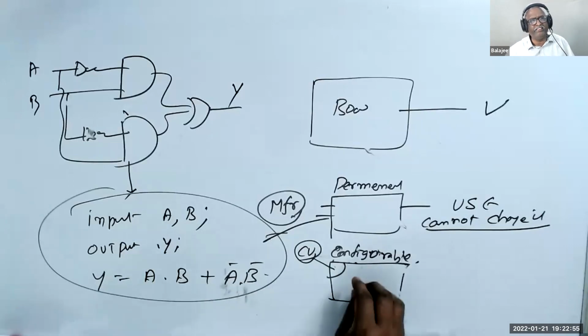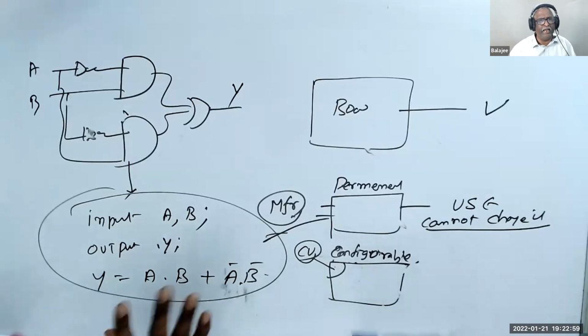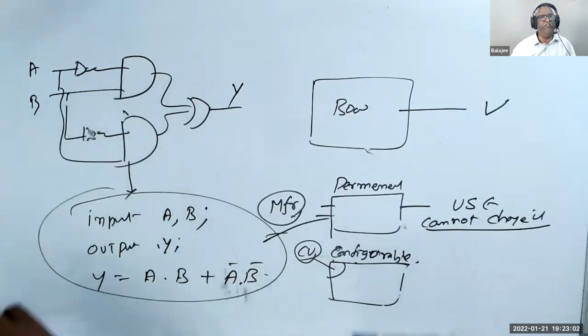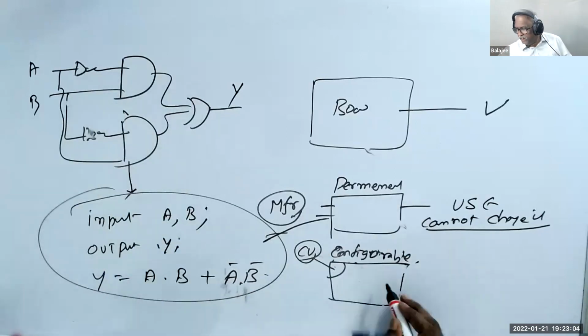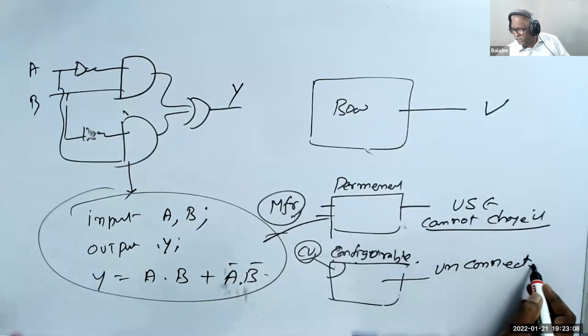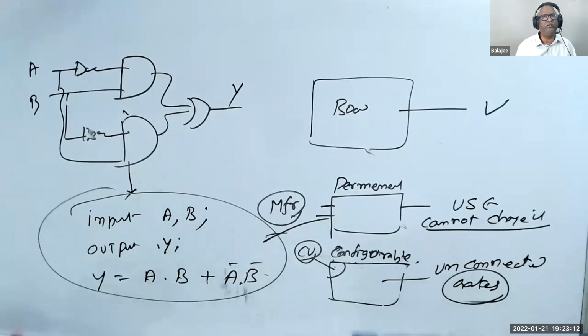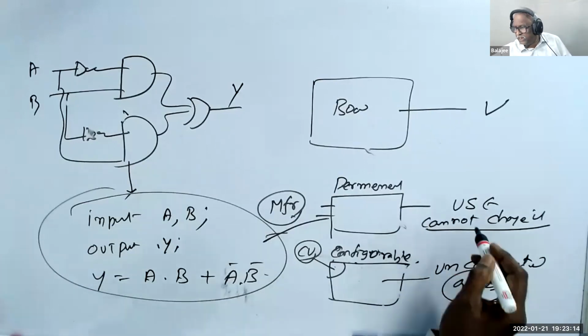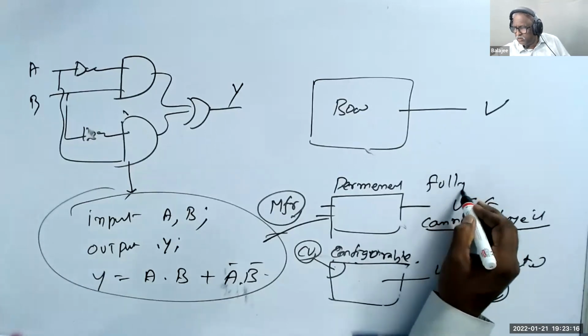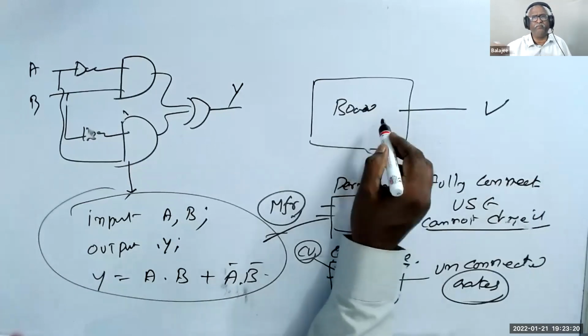So when you buy an IC, within the IC, there will be components like gates, but they will not be connected. Unconnected gates. Understand? Unconnected gates. But this board is fully connected.